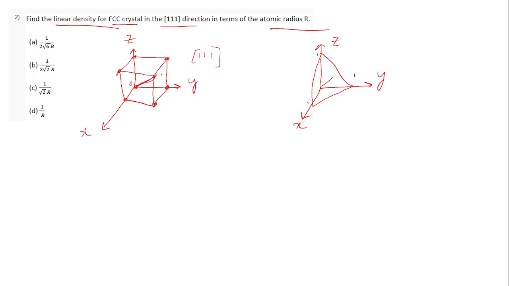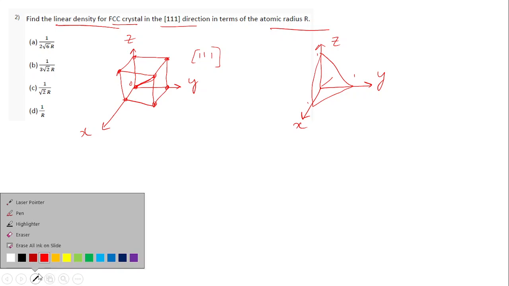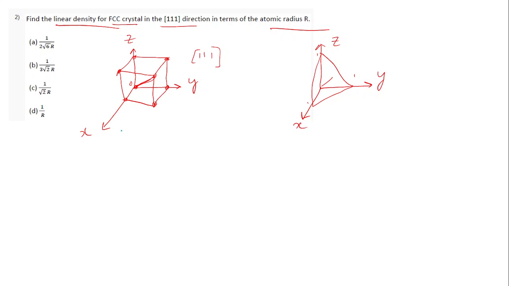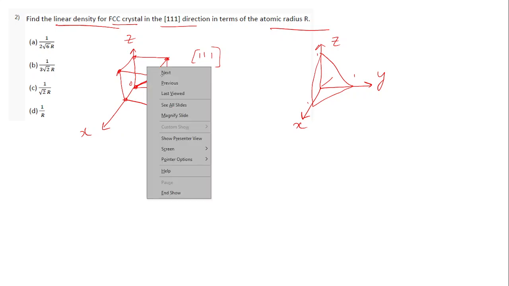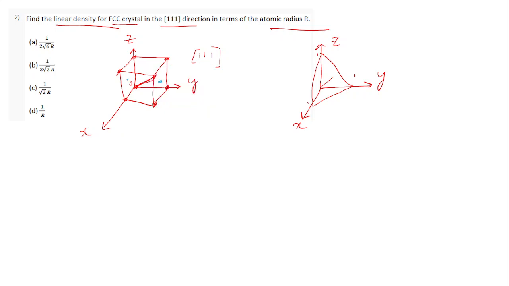Next we have to see how many atoms there are on this. Again, this is a similar situation as previous. Because it's FCC, all the other atoms are on the faces, right? I'm not drawing them, or if you want I can draw. They are all on the faces: the top face, the bottom face, the front face, and the back face.